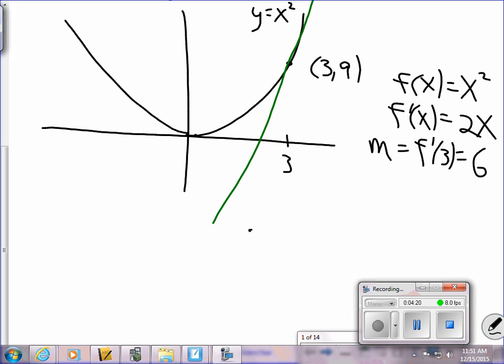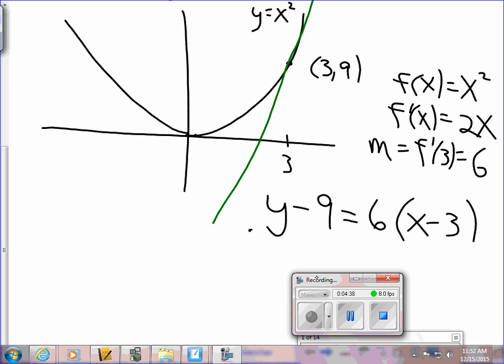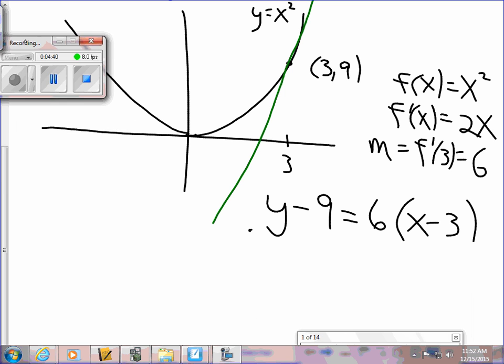All right, so to write the equation of the tangent line, it's going to be y minus, which is 9, good, equals the slope, which is 6, and then in parentheses, x minus 3. Now, let's just solve for y. Let's get y by itself.